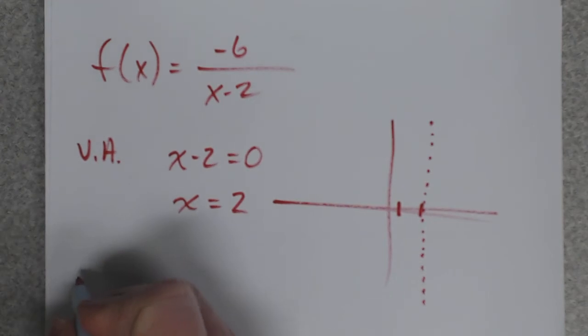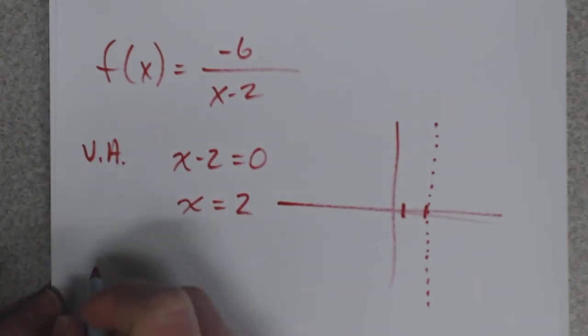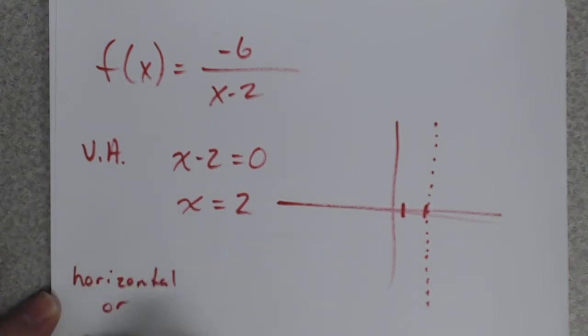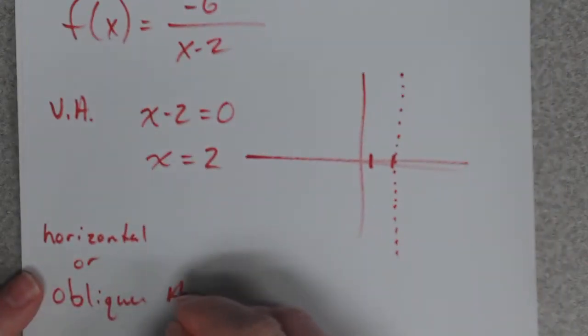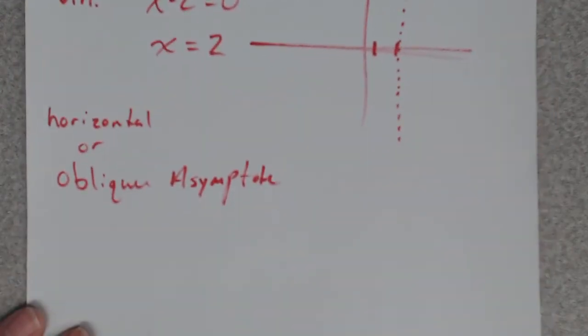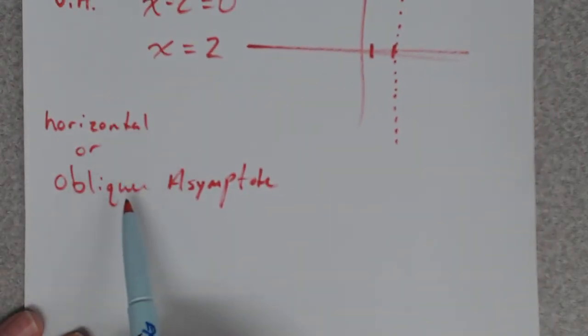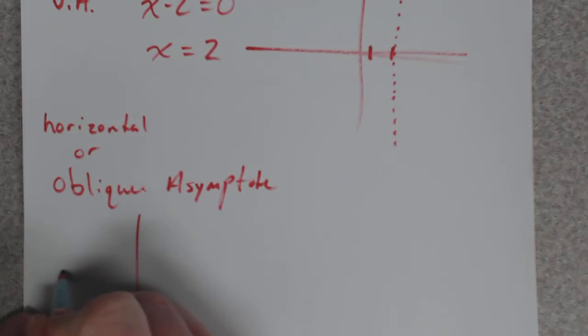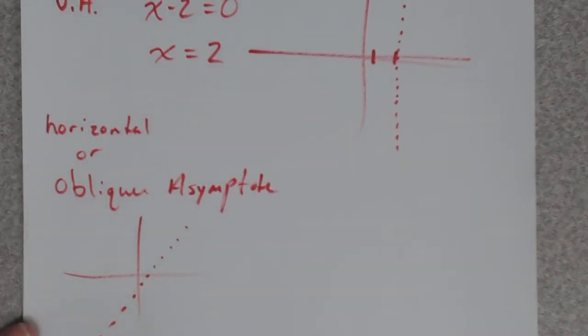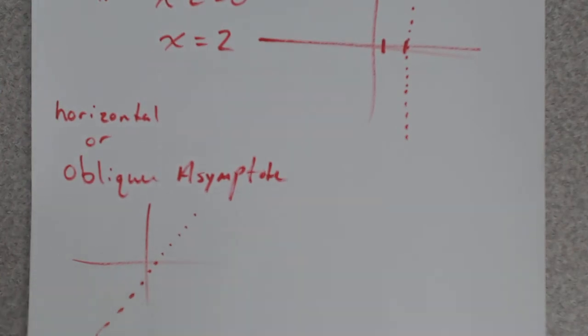The next step to the question is to find the horizontal or oblique asymptote. Horizontal I just talked about. Oblique, sometimes these follow an asymptote that's kind of at an angle, basically.